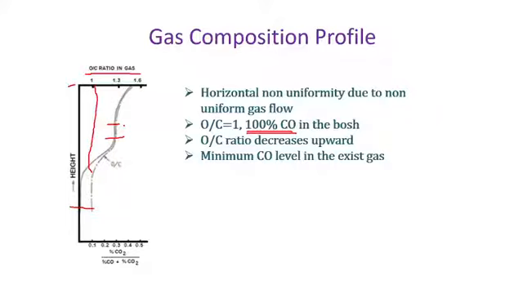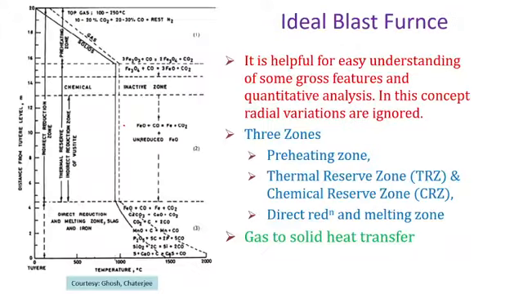So depending on the temperature, gas composition, and pressure, there are several zones inside the blast furnace. We will discuss different zones in an ideal blast furnace and in a practical blast furnace. So what is an ideal blast furnace?